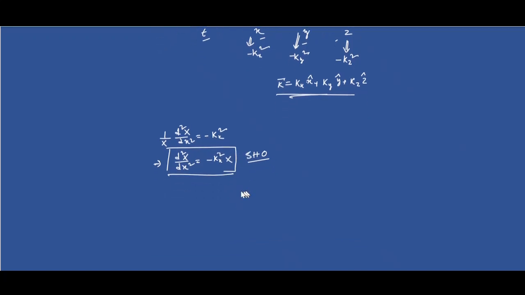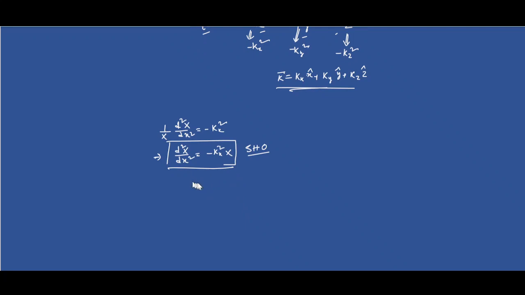So the solution we can write in the complex plane like this: x equals ax e to the power minus i kx x plus bx e to the power i kx x.